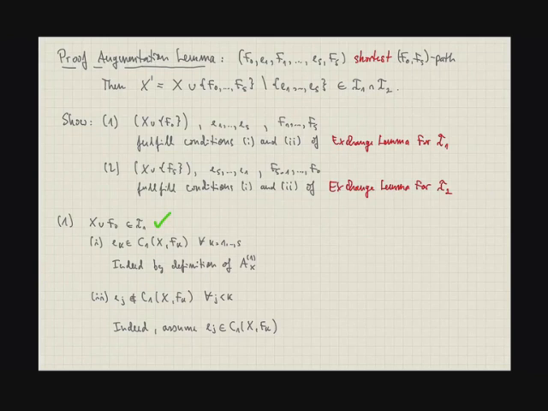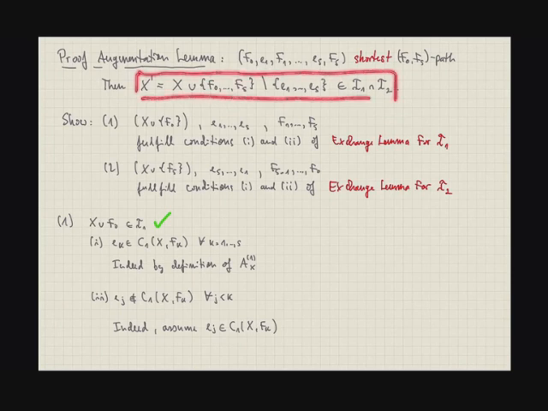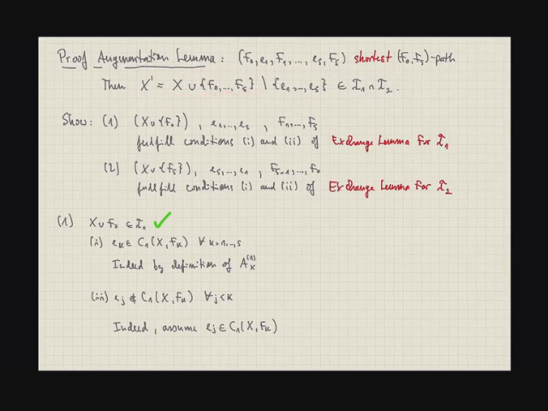We have a shortest path that leads us from this set Sx to Tx, and then the claim is that the newly defined subset X prime, which contains all the Fs and which does not contain all the Es, is again going to be an independent set, and that with respect to both matroids.